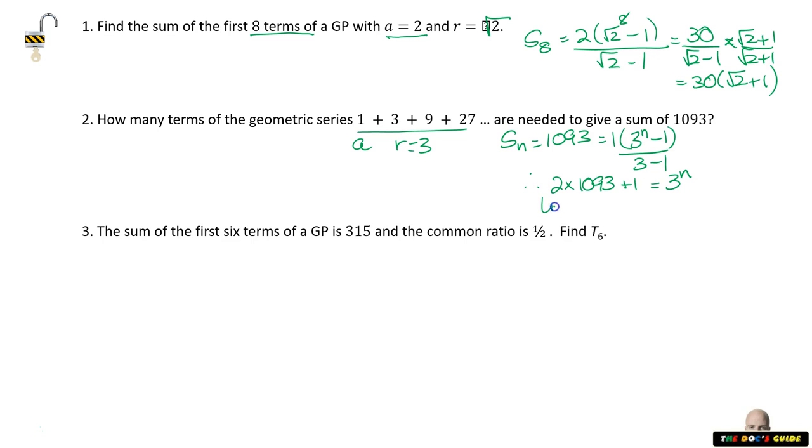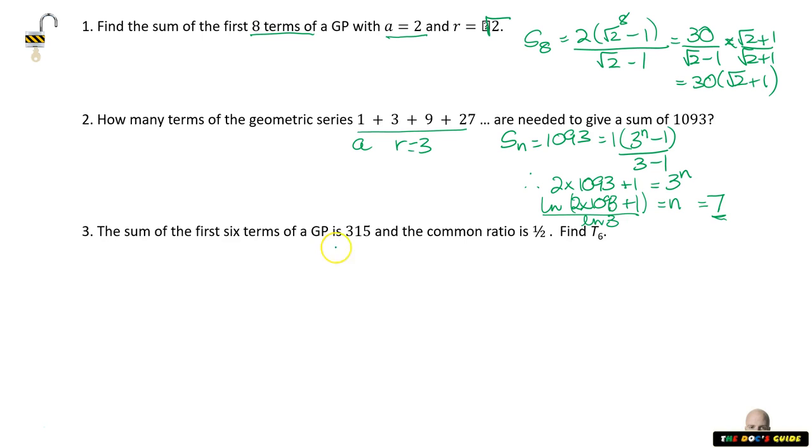So if we take the log of the left hand side, whatever this is, and divide that by the log of 3, that will give us n. So I'll just work that out, and we get 7 as our answer. Now if I hadn't got a whole number, because it said how many terms, then I'd know that I'd done something wrong in my calculation.